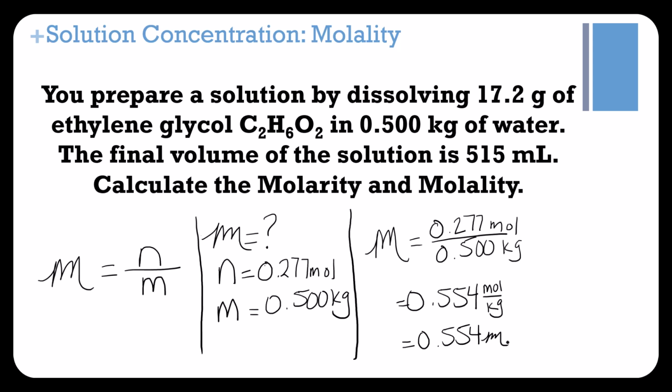And the way that we would read that is this solution is 0.554 molal. That's kind of the terminology that we use. So just a quick review of how to solve for molarity, and then a brief introduction of how to solve for molality. We will see molality again this chapter in other calculations. I hope you guys found this helpful.